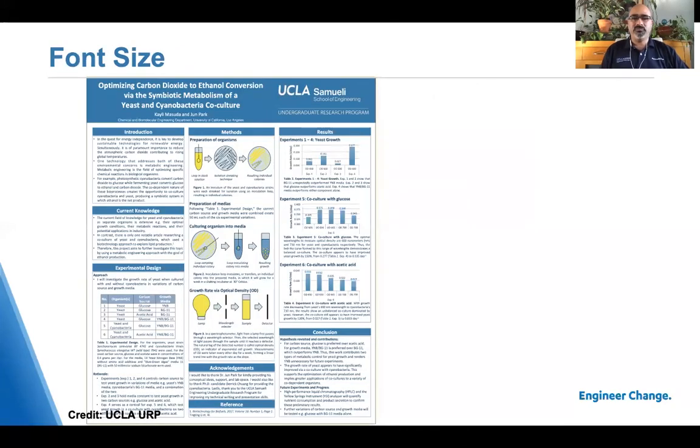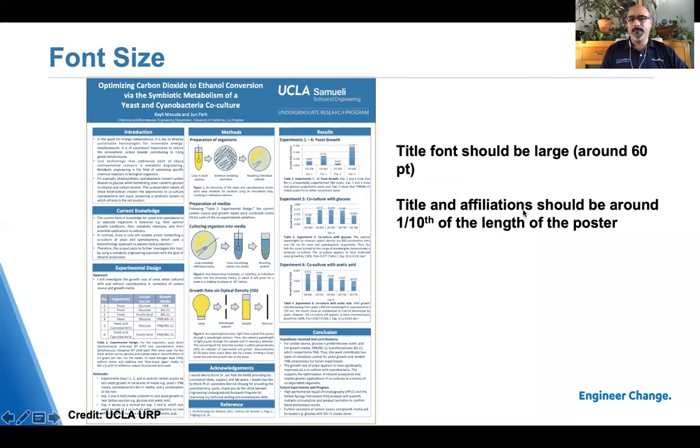The font size, what we recommend on a poster that's going to be printed 36 width by 42 length: we're recommending font sizes of about 60 for your title. So the big title is 60, and then all the little stuff under, like the affiliation, is going to be smaller.